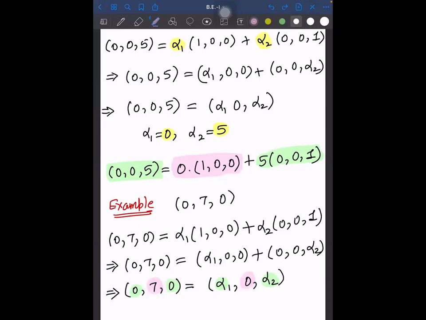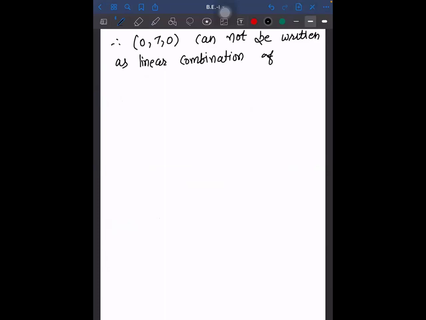So that's why (0, 7, 0) cannot be written as a linear combination of (1, 0, 0) and (0, 0, 1).